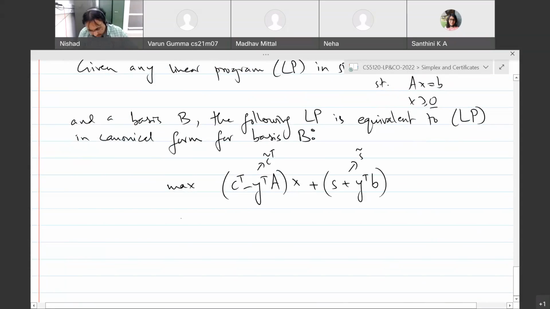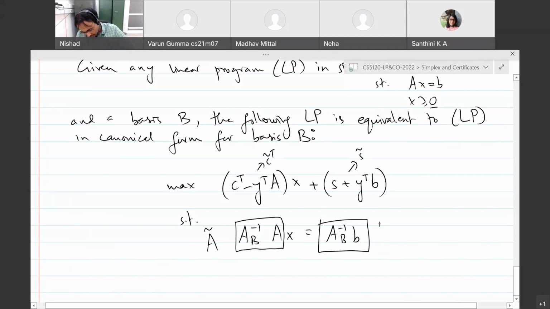Subject to, the constraints were much simpler. We are just multiplying by the inverse. So this here is our A tilde, and this here is our B tilde.